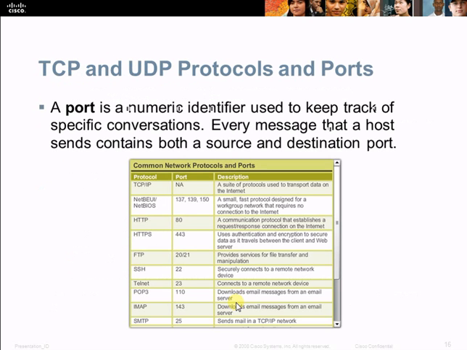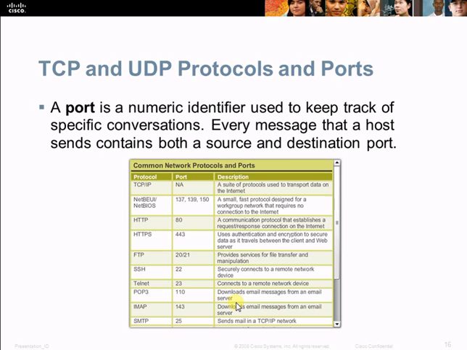And then we have ports. A port is a numerical identifier used to keep track of specific conversations. Every message that has a host contains both a source and destination port. So you want to make sure in your reading that you are very familiar with these ports. HTTP is port 80, FTP is ports 20 and 21.